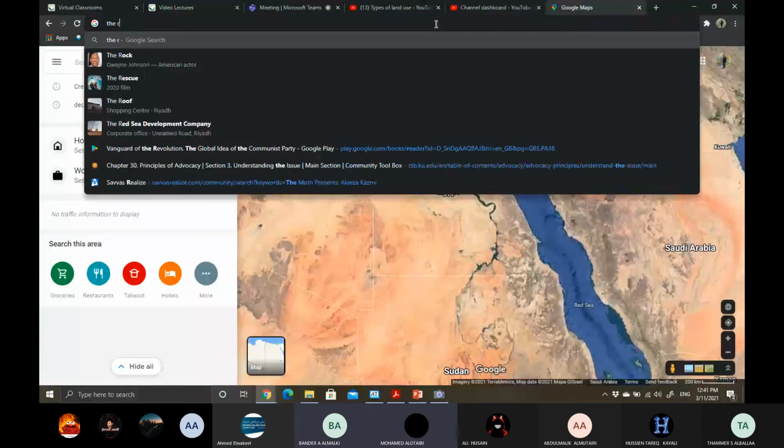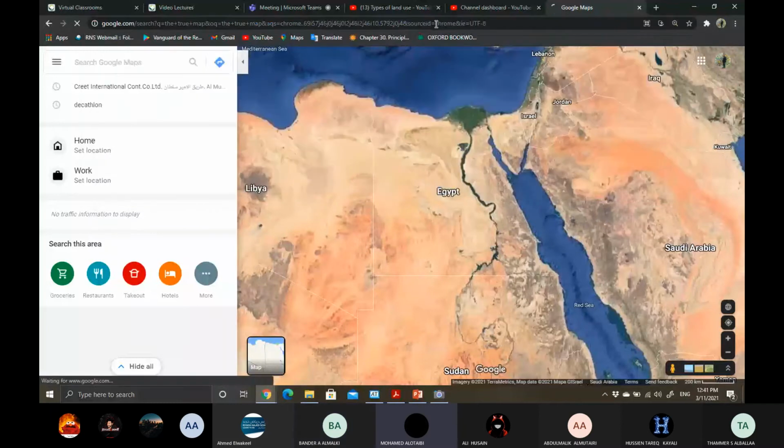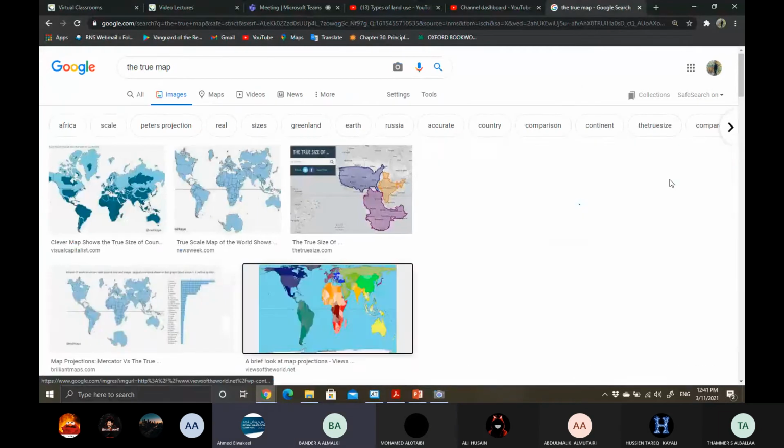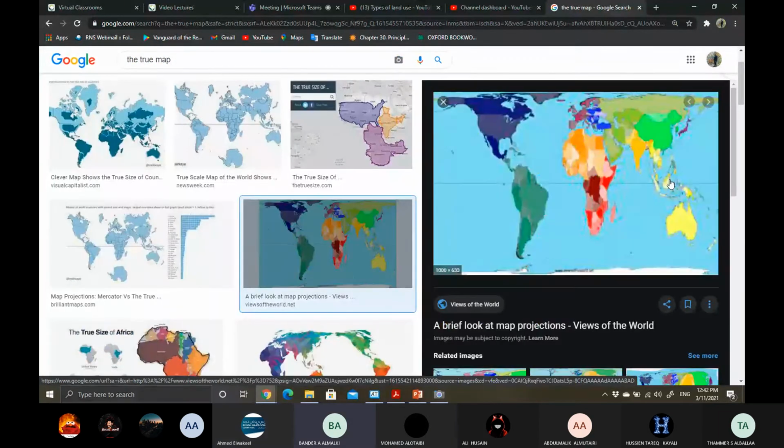Russia is not like this size. Russia is big, but even in the actual map, they're big. Look at Greenland here, and Canada. Compared to Africa and Russia, they are very small, very tiny.